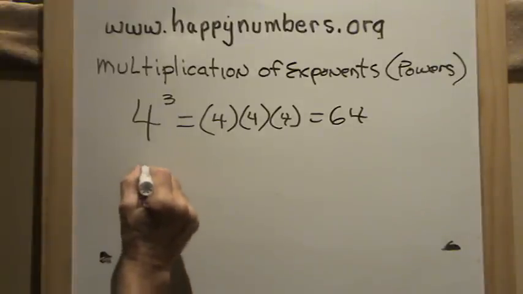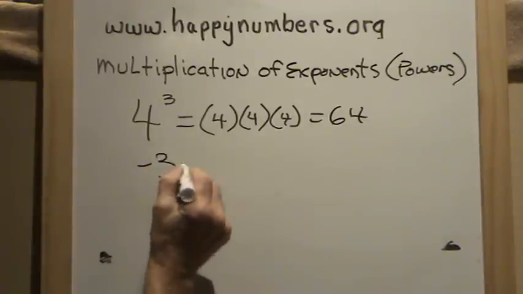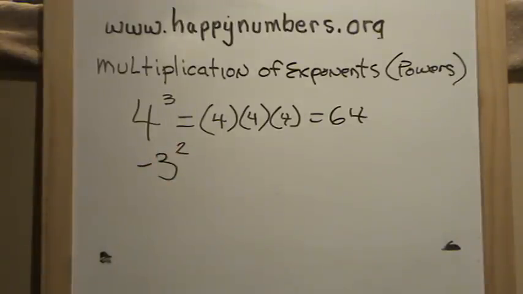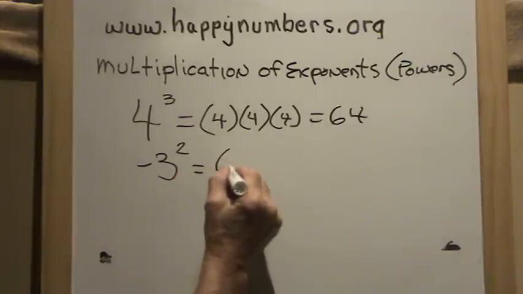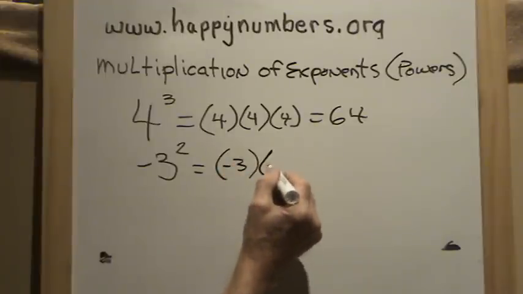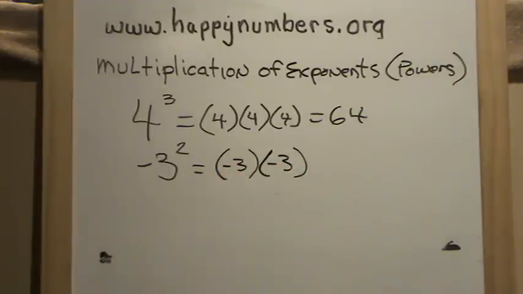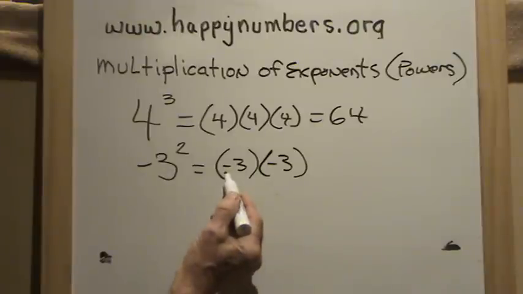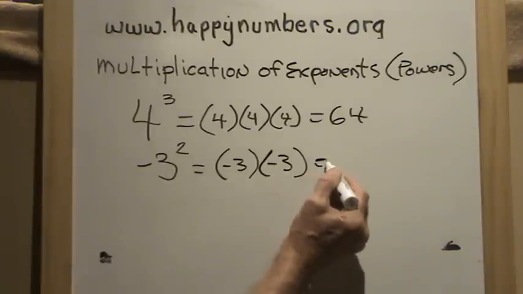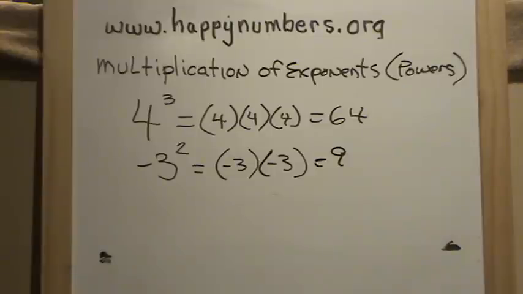Or we could have negative 3 squared, or negative 3 to the second power, and that means negative 3 times negative 3. And we know a negative times a negative is a positive, so 3 times 3 is 9, so the answer would be 9.